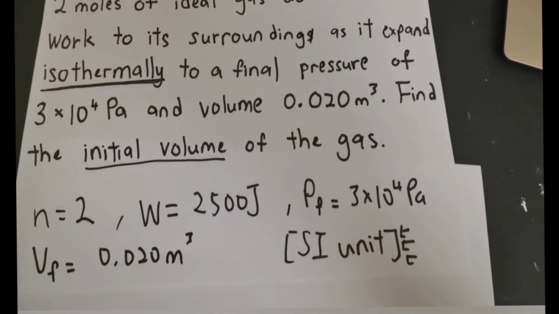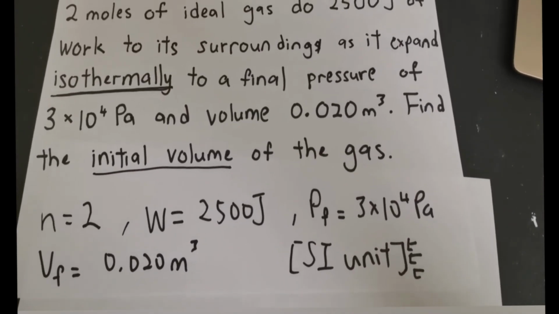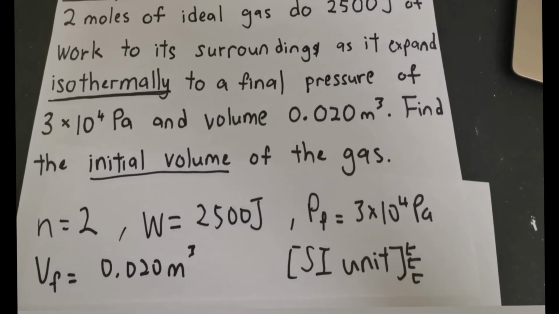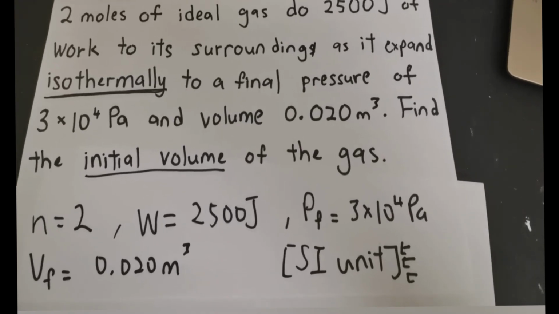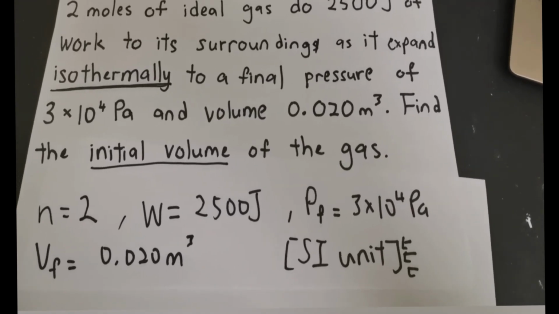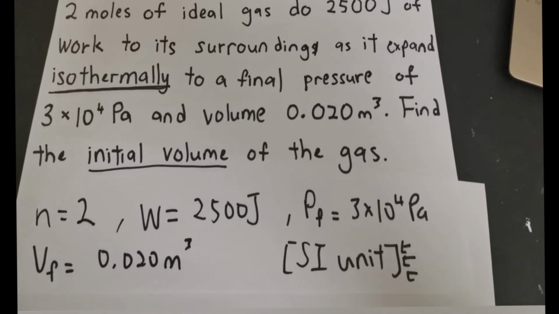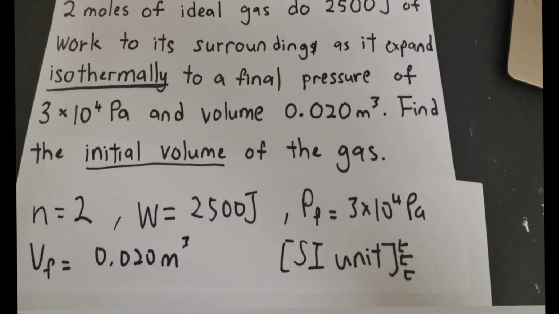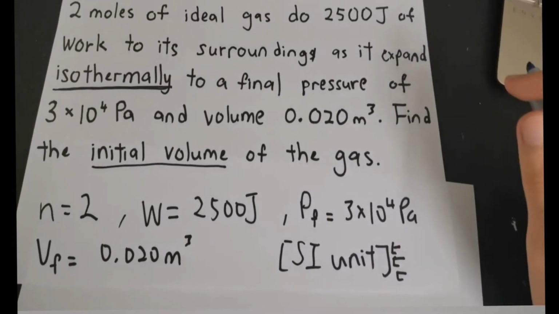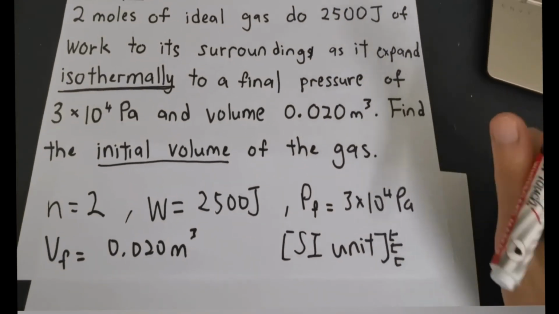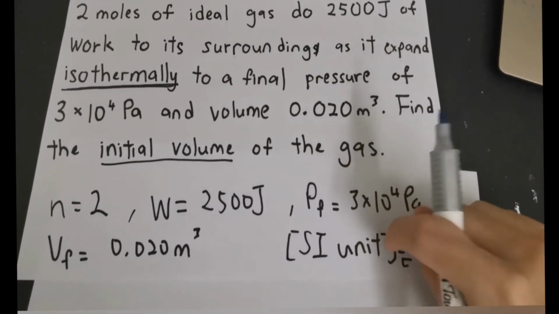So I found one example question for this part. The question states that 2 moles of ideal gas do 2,500 joules of work on its surroundings as it expands isothermally to a final pressure of 3 times 10 to the power 4 Pascal and volume 0.02 cubic meter. Find the initial volume of the gas. So this is the information given in the question, and remember, for this kind of question we always need to change to SI units first.